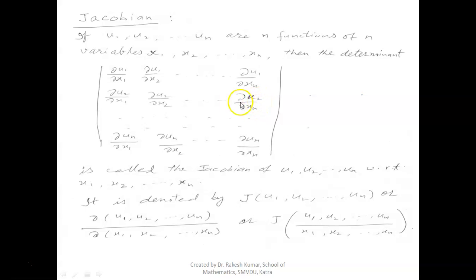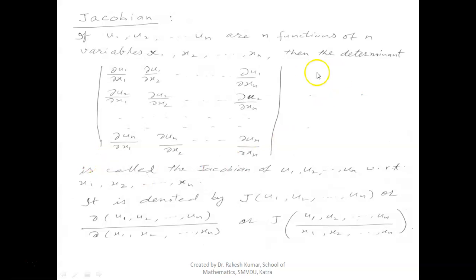Continuing in the same way, the last row is del un by del x1, del un by del x2, and so on up to del un by del xn.